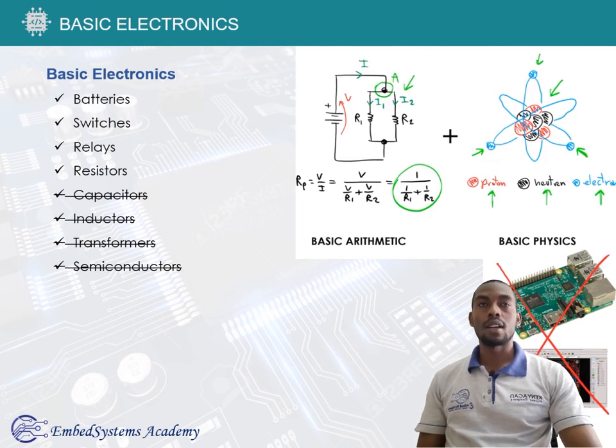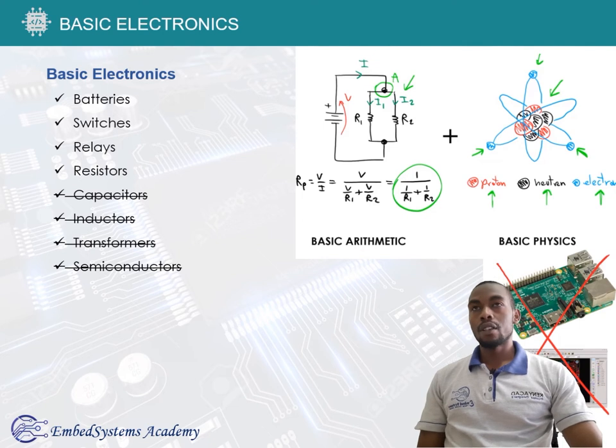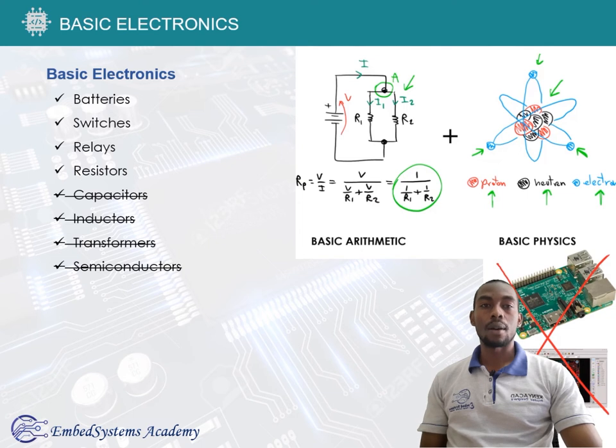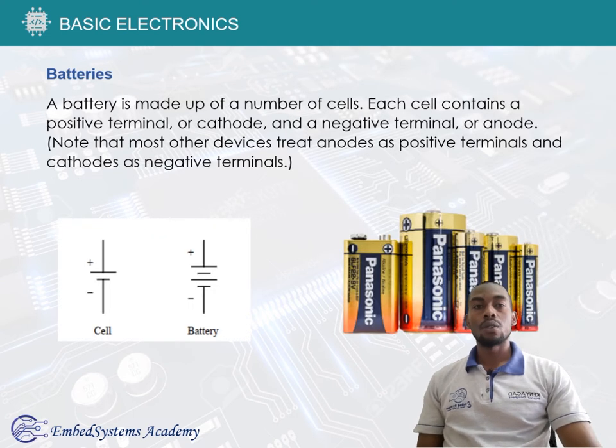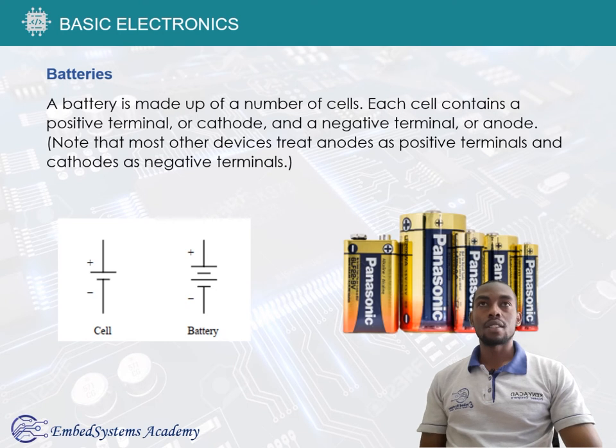Just basic arithmetic. Beginning with batteries: an embedded system cannot operate without a power supply or a power source. So what is a battery? A battery is a number of cells in an arrangement that are able to supply power to a system.